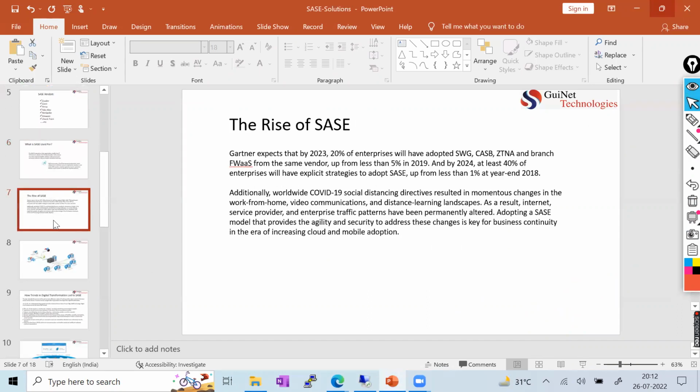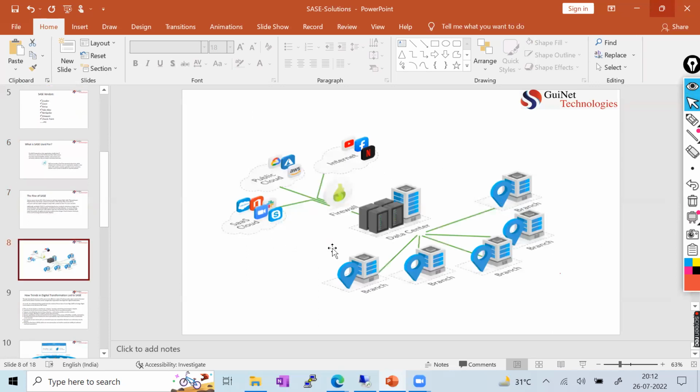Moving next. You can see these are the data centers, different locations of the firewalls, like SaaS, cloud, software as a service, where we are hosting Office 365 and Zoom, which are again software services. We have Salesforce, Skype for Business, and public cloud: AWS, Azure, and GCP. We have different applications hosted on the internet, like Facebook, Netflix, and YouTube.